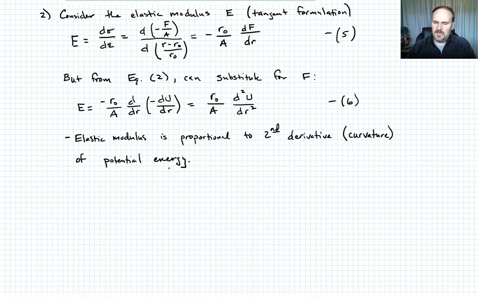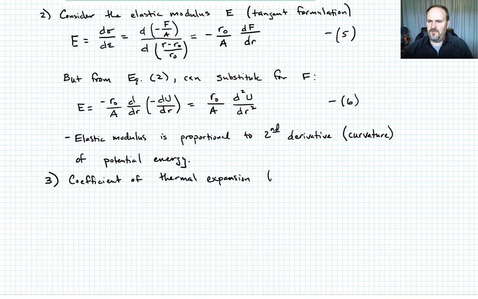One last property I want to focus on is the coefficient of thermal expansion. Sometimes I'll abbreviate that just CTE. And you know what the coefficient of thermal expansion is, right? And you knew this before you ever became an engineer. If you heat something up, it typically expands.